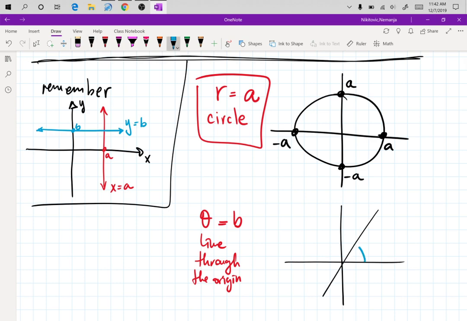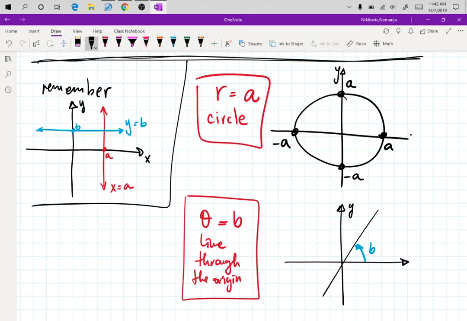And this angle here is your angle B. So you have your, again, these are all happening in the XY realm.